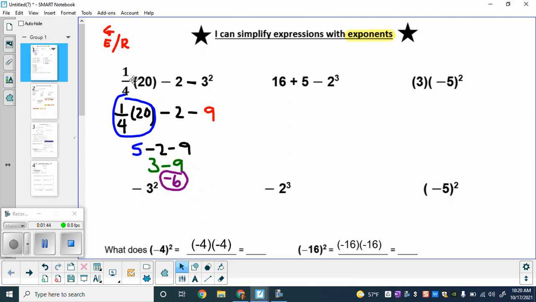So for the first one, when we did all this math, we get a -6. And now right below it, what I want to point out is that I want to focus just on this piece of it, okay? If all of this was gone, do you guys see that if we just cared about this part, it actually is the -9? So when you guys see a problem like this, it's not saying -3 is the number that is getting squared. It's saying subtract whatever 3 squared is.